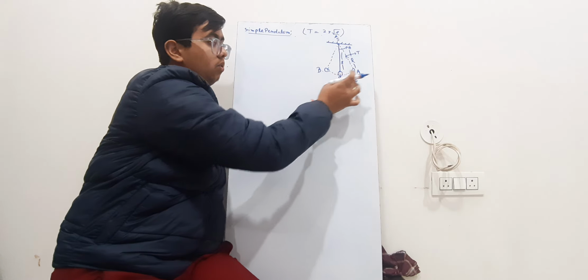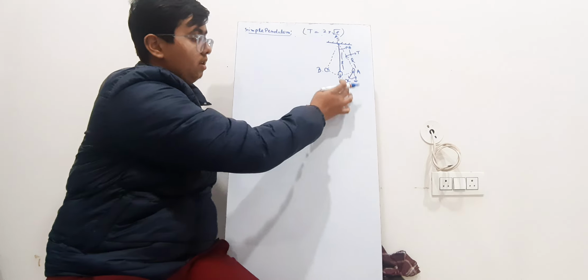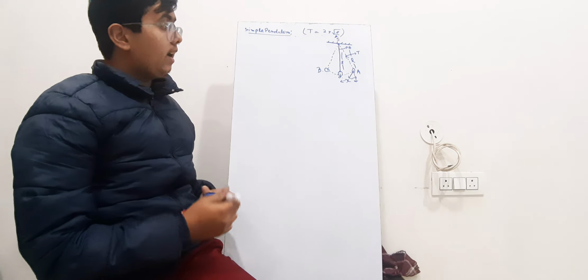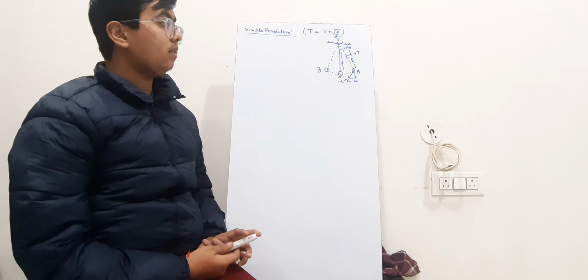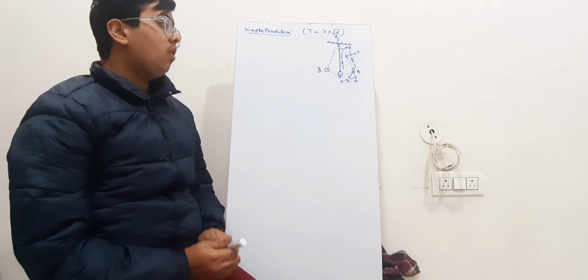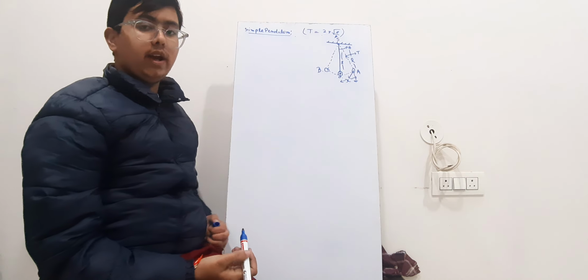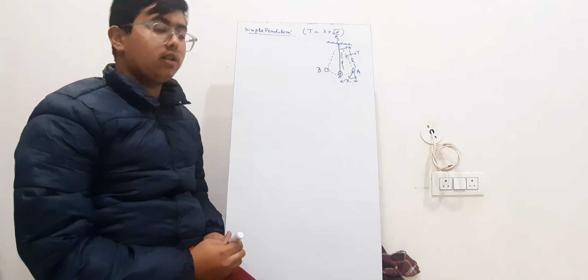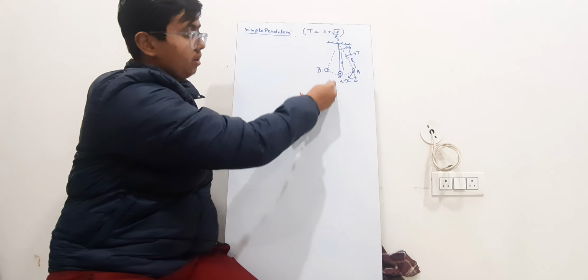From point O to A, it covers displacement x. The length of the string of the metallic bob is L and the tension in the string is T. Now this is a metallic bob, so it has mass or weight, so its weight acts vertically downward.